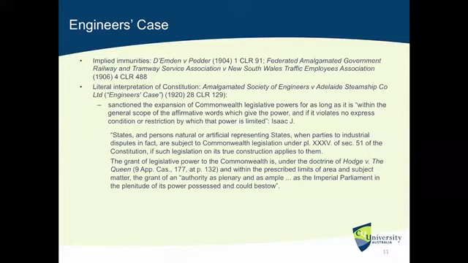However, in the Engineers' case, the High Court made a literal interpretation of the Constitution. So what they did was to examine the Australian Constitution to see if there was any provision that in fact expressly provided for immunities of state instrumentalities or the state governments from laws passed by the Commonwealth Parliament.